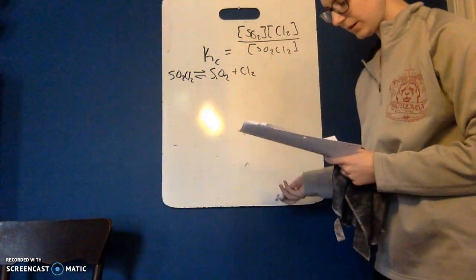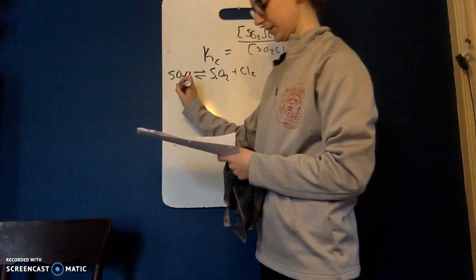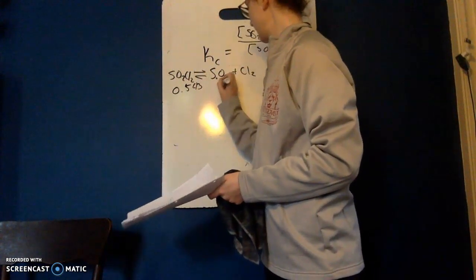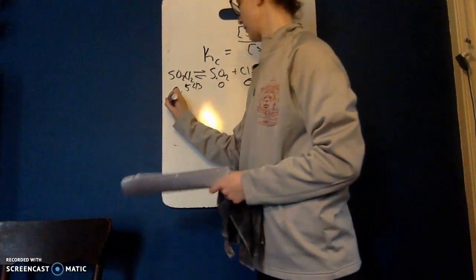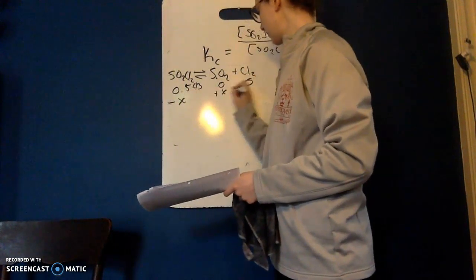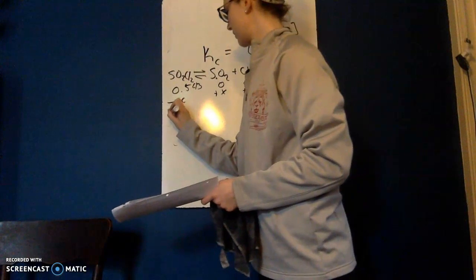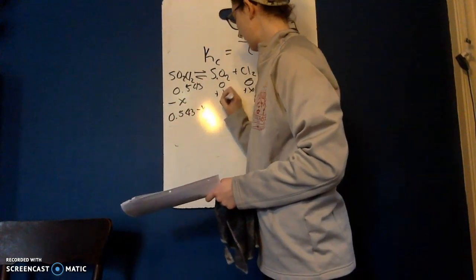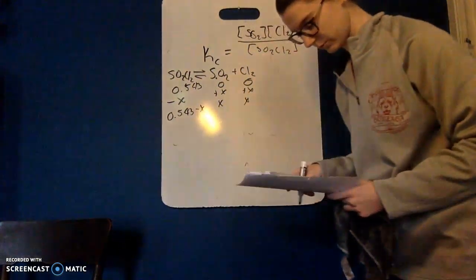Okay, so my initial concentration for SO2Cl2 is 0.543. Beginning, I have nothing there. We're going to have minus x and plus x. So I have 0.543 minus x, x, and x at equilibrium.